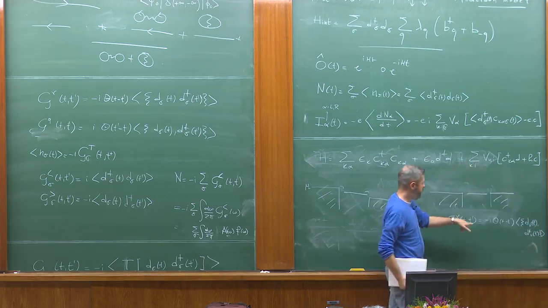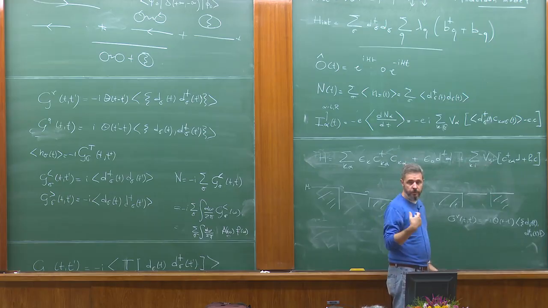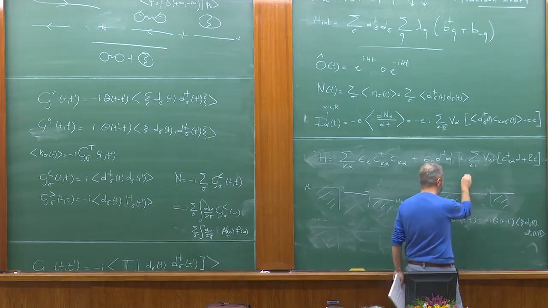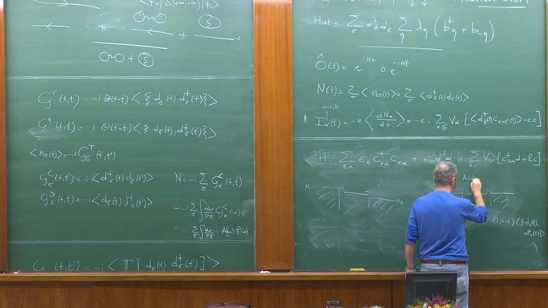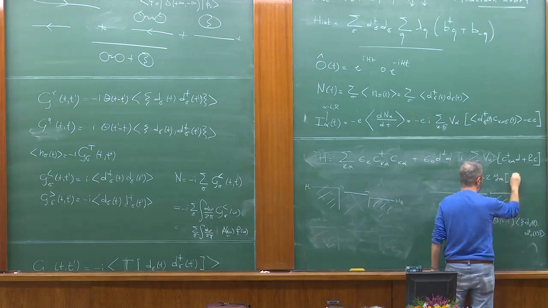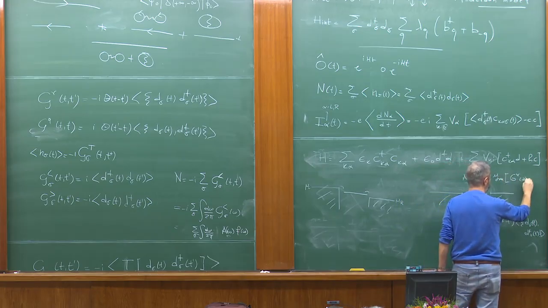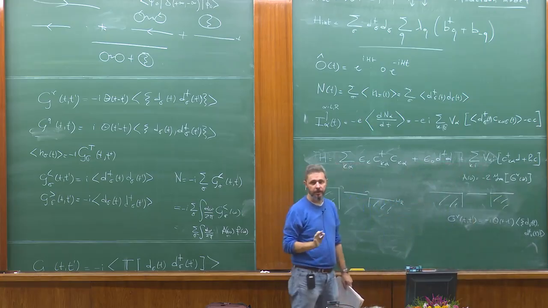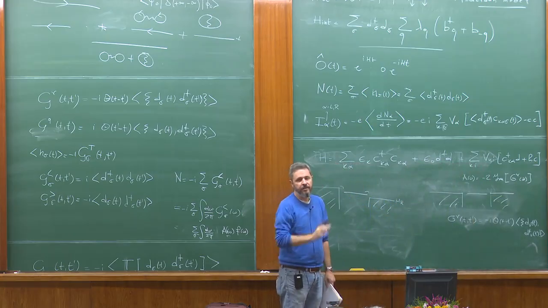And in particular, what I want to know is the spectral density, so minus twice the imaginary part of the Fourier transform of this. So can anyone guess what the spectral density is going to look like? It's a function that has a name.